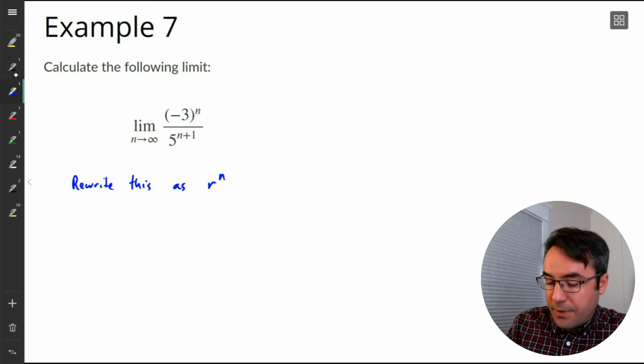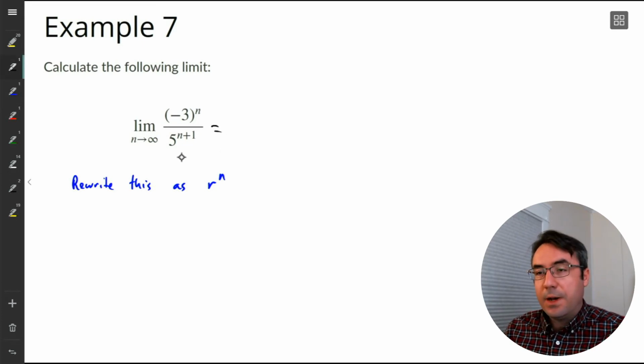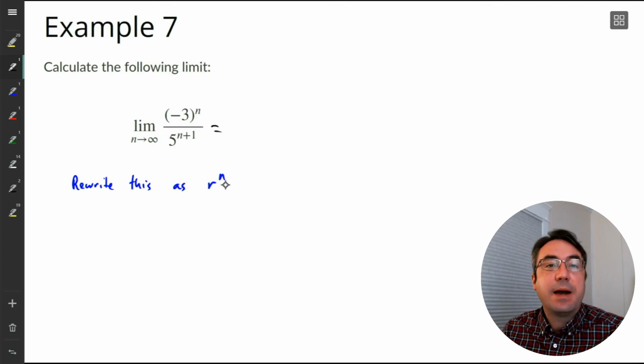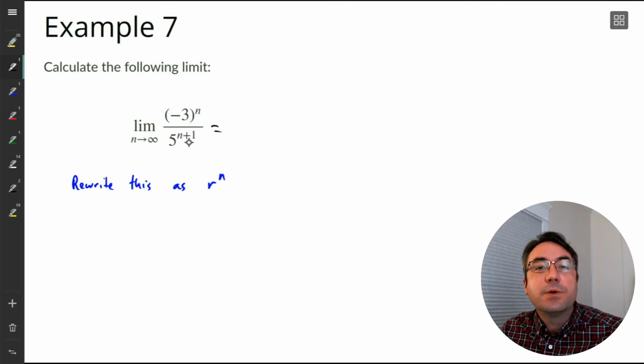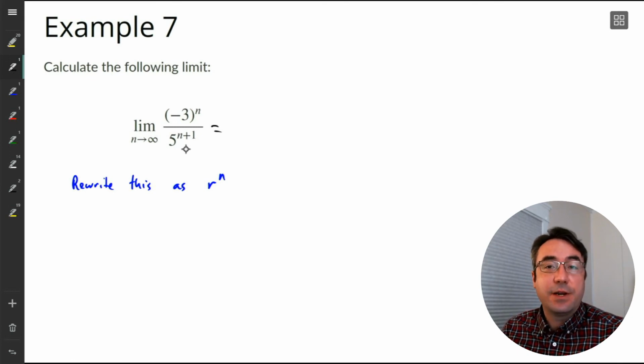All right, so how are we going to do this? Well, right now this 5^(n+1) is giving us some trouble because of that plus 1. So we really want everything in the form raised to the power n. This plus 1 says we have an additional 5 factor here, so let's just separate that off.